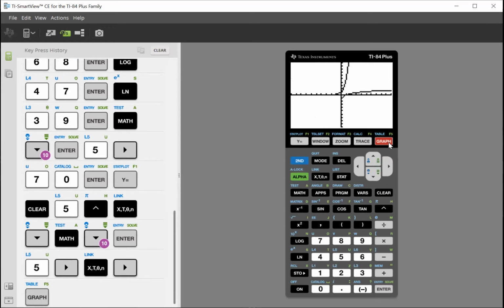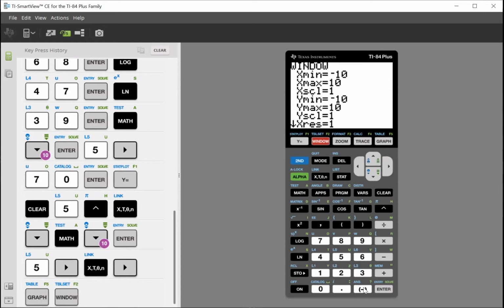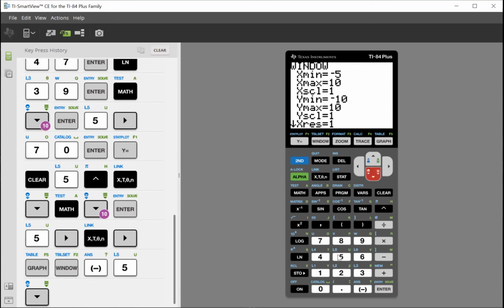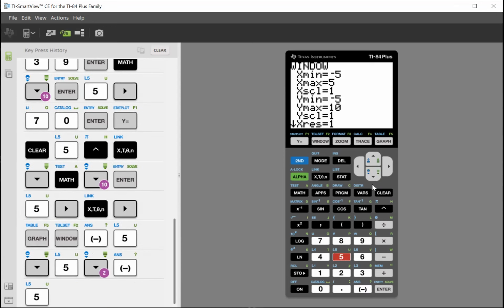Now we'll say on MATLAB, they're using the window of 5. So let me change my window and see what happens. We'll make that a -5, make that a +5. I'm going to arrow down, make that a -5 and then a +5. So they're using 5 on their window so you can see the graphs a little better.